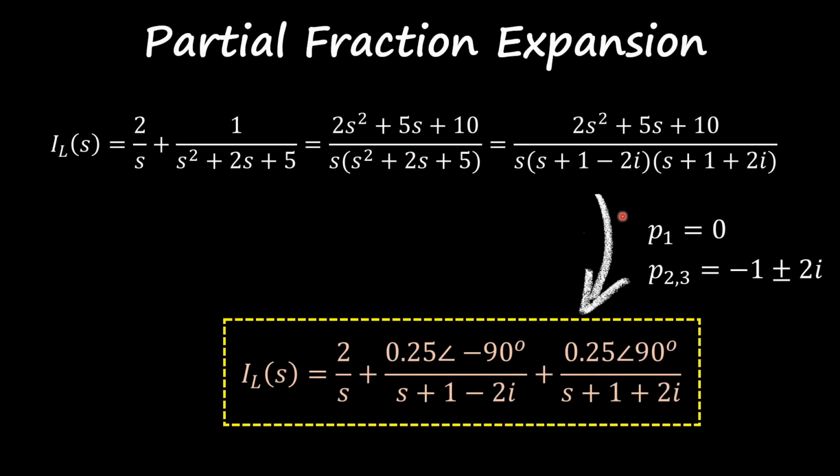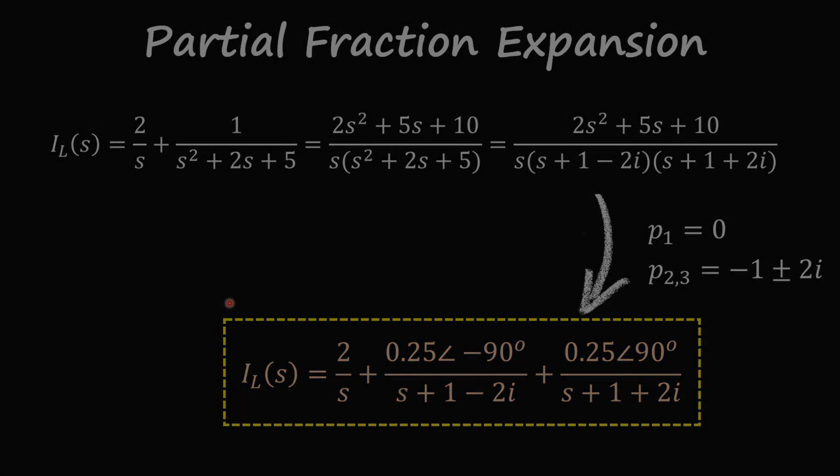Alright, so plugging things where they belong, we had k1, k2, and the conjugate of k2. I'm literally just plugging those values here, and I get 2, 0.25 with -90, and 0.25 with 90. And this is my equation ready to be used for the next and final stage.